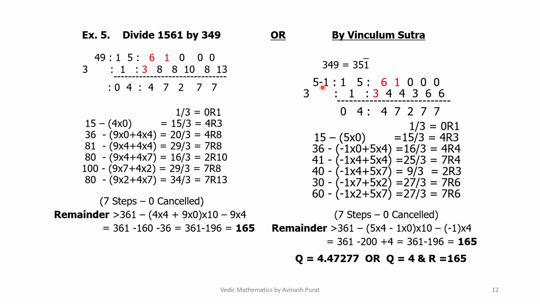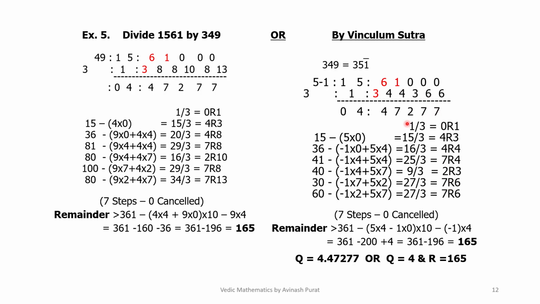30 minus (1 into 7 plus 5 into 2), that is 10 minus 7 is 3. 30 minus 3 is 27, divided by 3 equals 7 or 6, remainder 6.